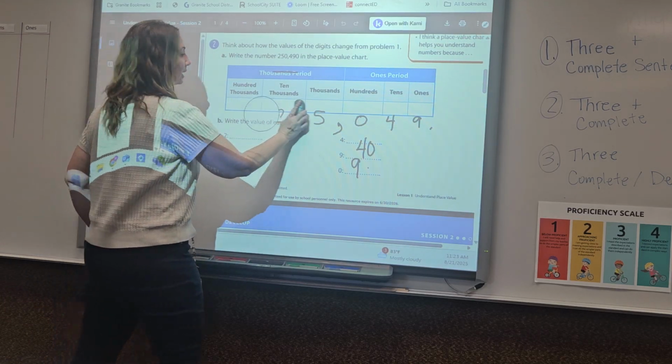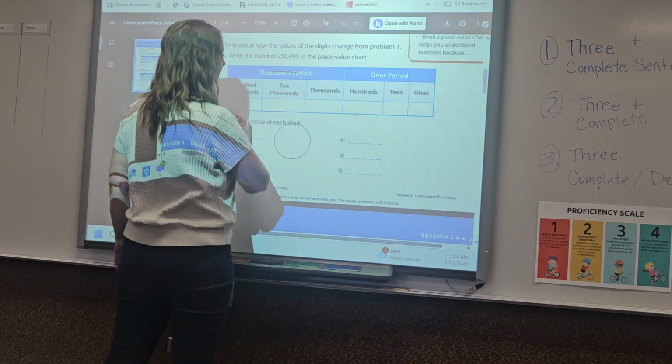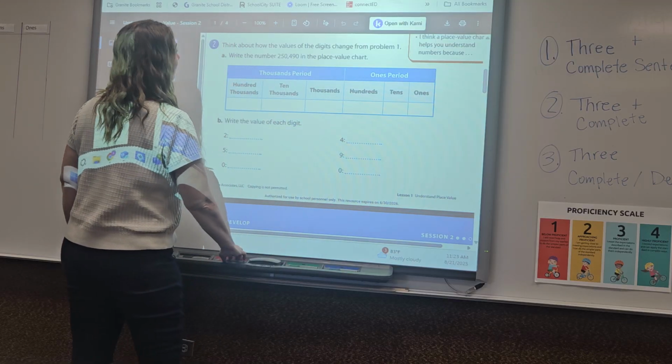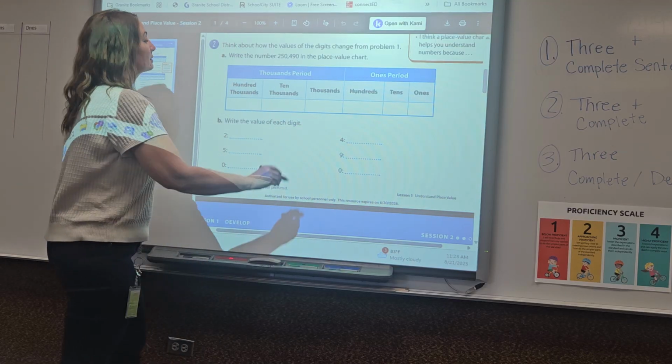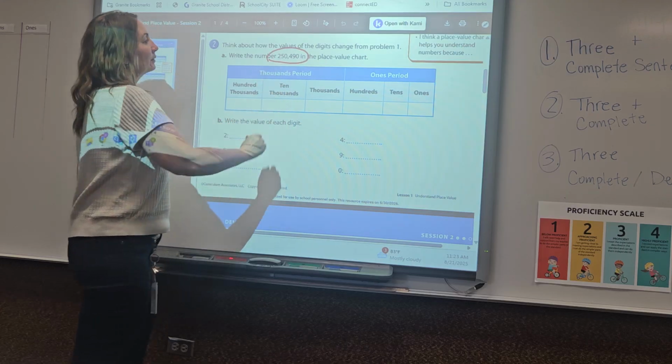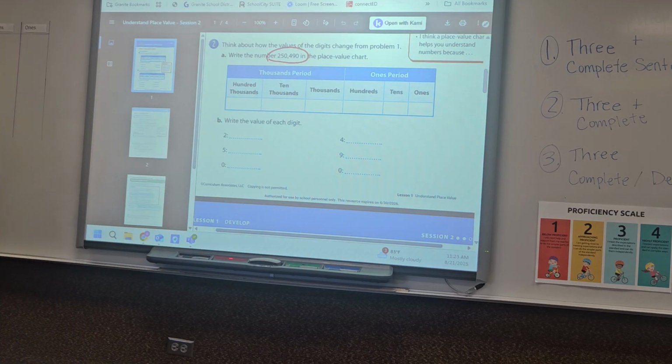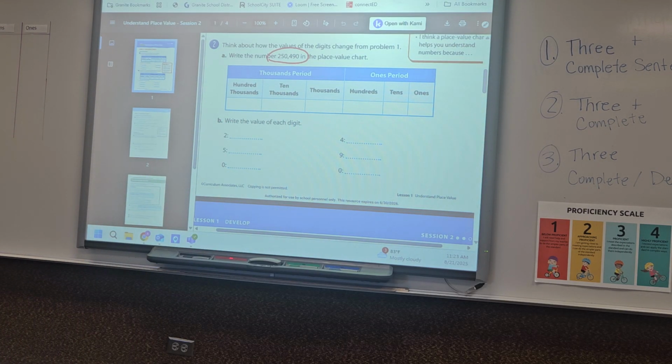Okay, let's look right here. They want us to do the same thing with a different number. So here's the number that we're going to be using this time. Let's read it. I want to make sure you know how to read a number correctly. And we do say an important word at the comma. So pencils down. We're past that part. We're ready to read the number.